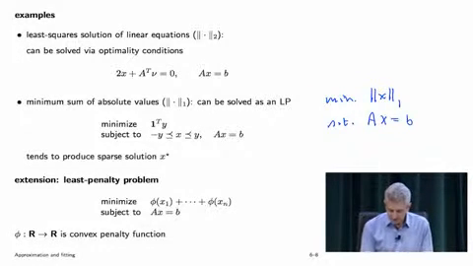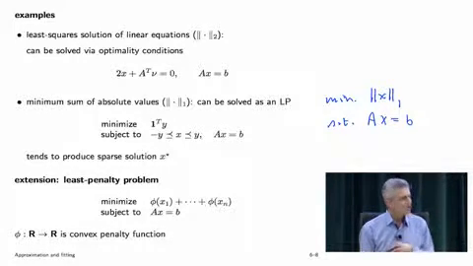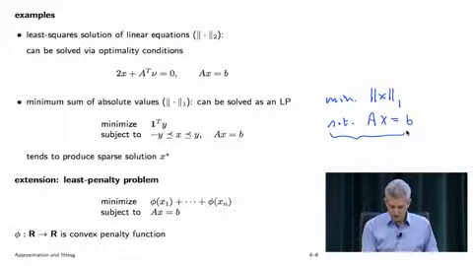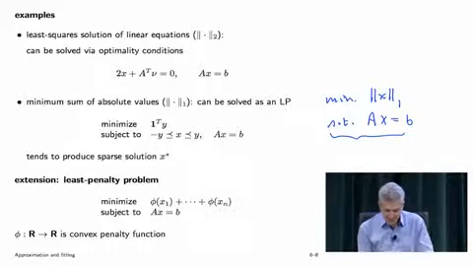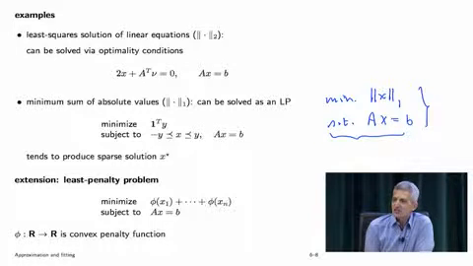So here the penalty is embarrassingly simple, it's the absolute value. But what it does is shape the distribution of x's. And what I would like to know from you is, what do you imagine the solutions of the basis pursuit problem look like? What you would expect, and it turns out in fact to be true, is that when you solve this problem, most of the x's are 0.